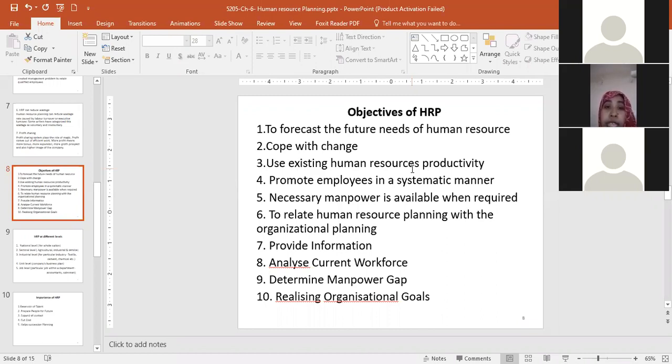to use existing human resources productively. It is very important.